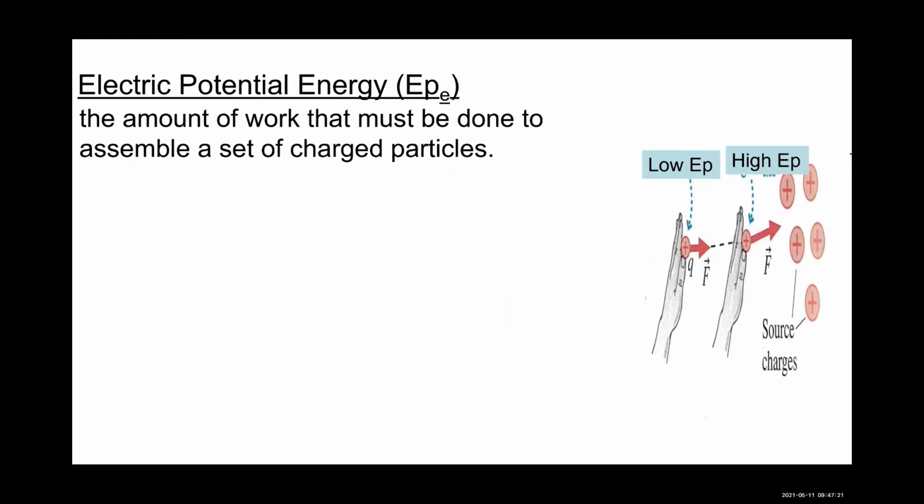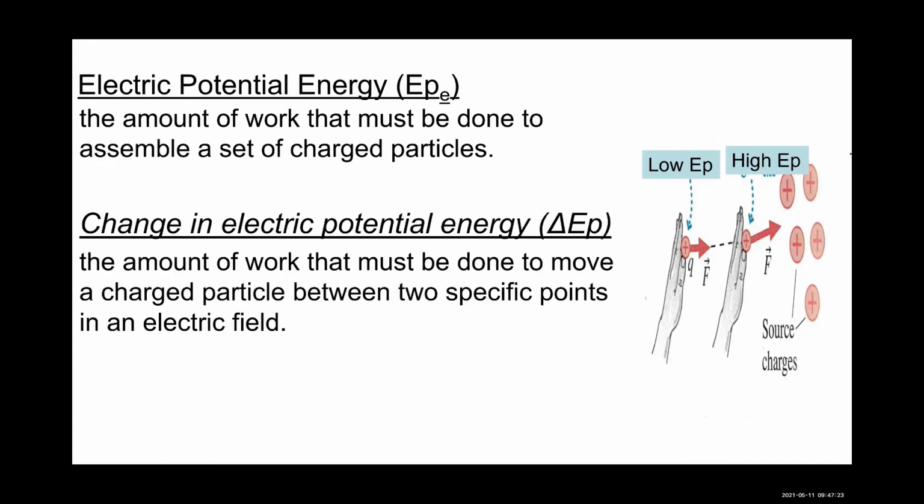So you could think of a change in electric potential energy as the amount of work that has to be done to get that charged particle to move between 2 points in an electric field. Just like the change in gravitational potential energy is how much work I have to do to lift my phone between the 2 points in the gravitational field.